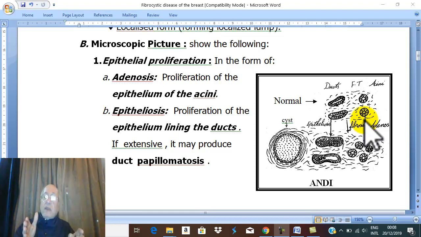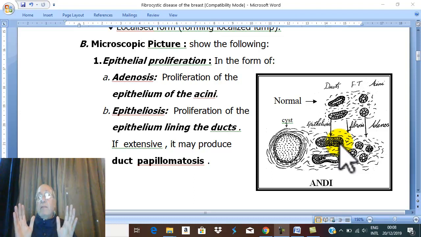At the end of the cycle, under high hormone levels, there is adenosis, increased number of acini; epitheliosis, with ducts lined by many layers of epithelium; and increased fibrous tissue. This occurs physiologically and normally.